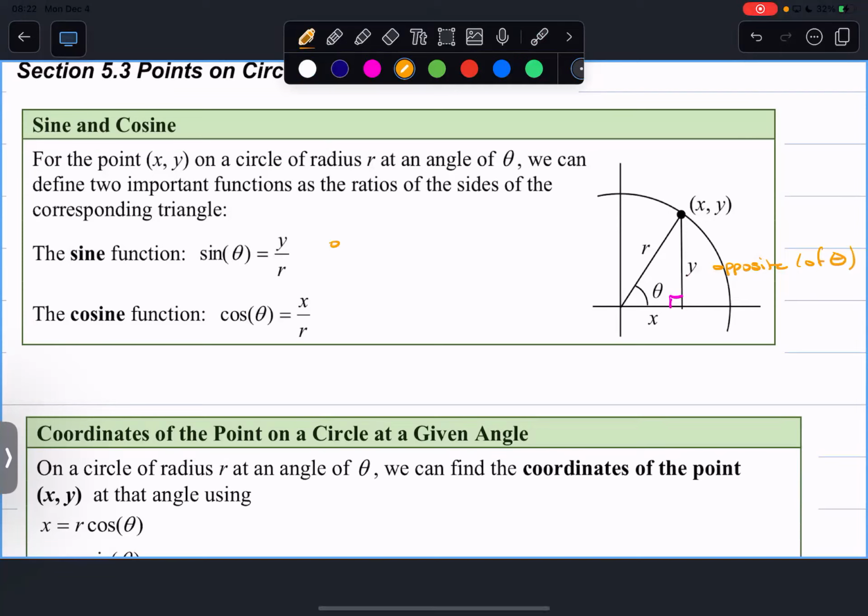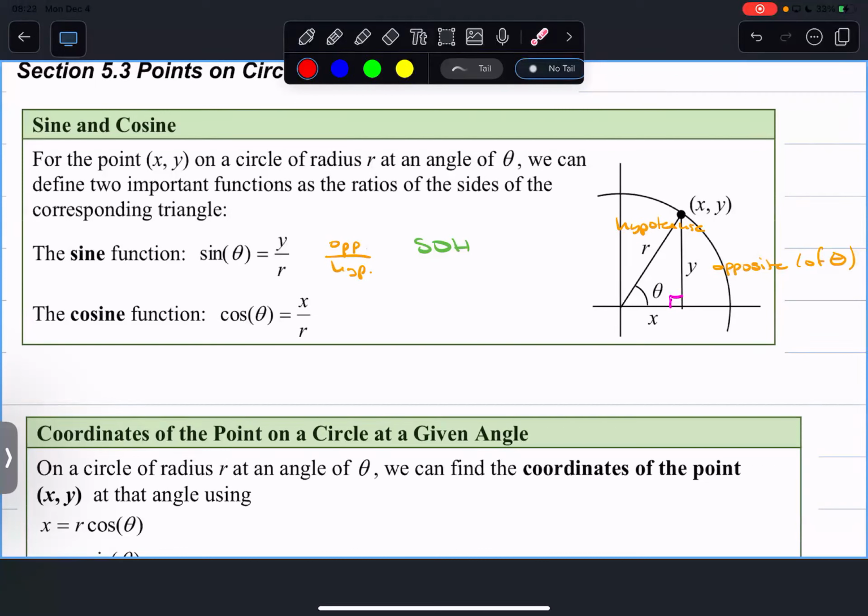So y is the opposite. r is the hypotenuse. So opposite over hypotenuse, which gives us the familiar sine is opposite over hypotenuse of SOHCAHTOA.